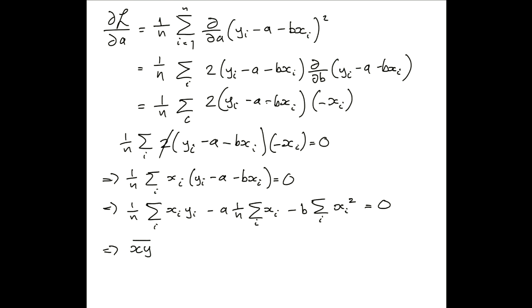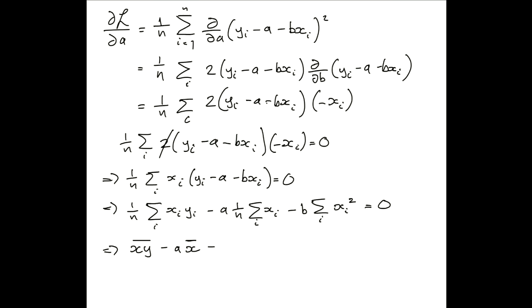Now the second thing is this thing here. The second thing is a times the mean of the xi's. So we'll write that a x bar. And then we have b.